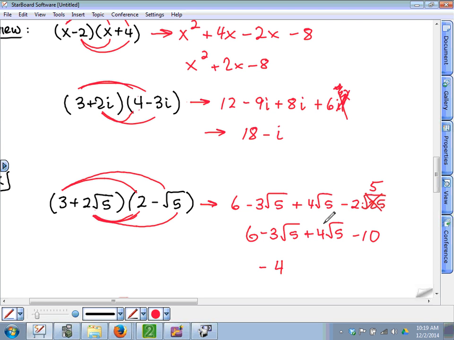So negative 3 plus a 4 root 5. So it's just 1. You don't even really need the 1 there. You can just leave it as root. So it's negative 4 plus the square root of 5. Okay, we'll do one more together, then I'll have you try a couple on your own.